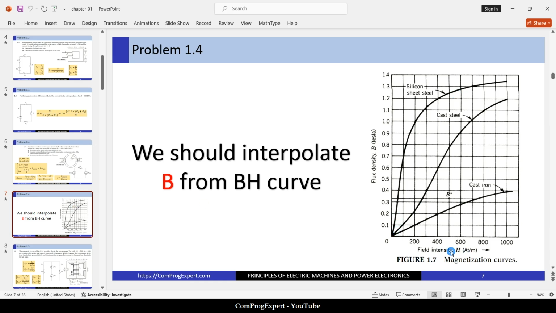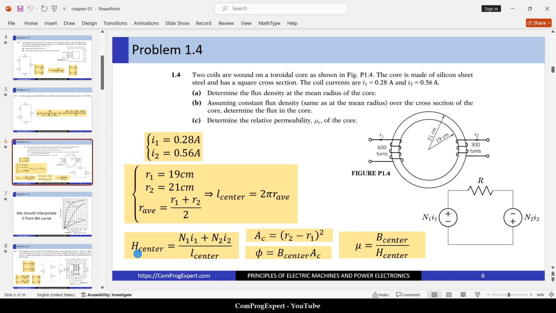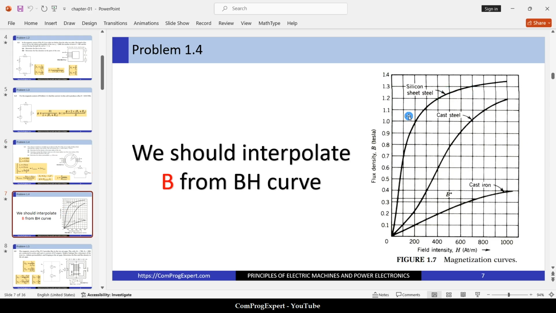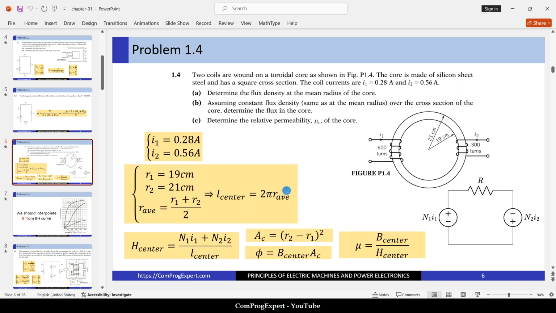And for any value of H, we can use interpolation and find the value of B. So after calculating H from this equation, we can interpolate the value of B considering this curve given in figure 1.7. And finally, we can calculate the permeability, the relative permeability of the iron. This is the permeability and for the relative one, we need to divide it by mu 0.